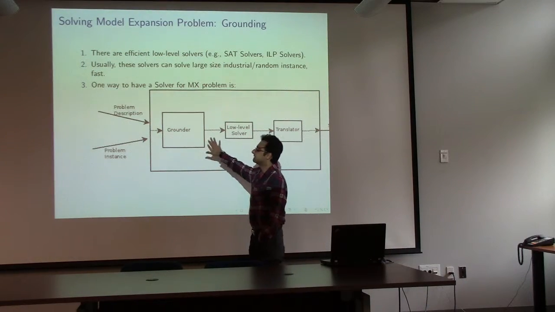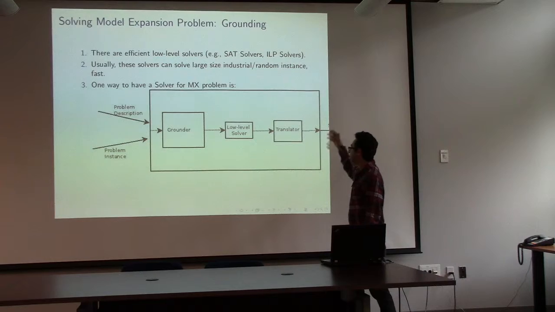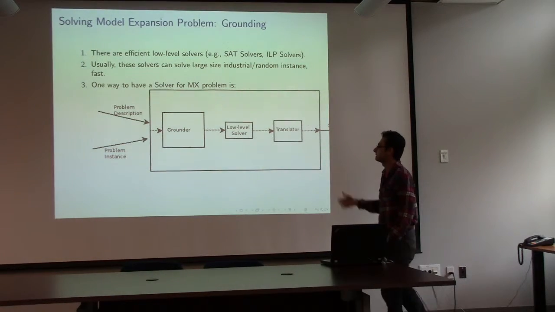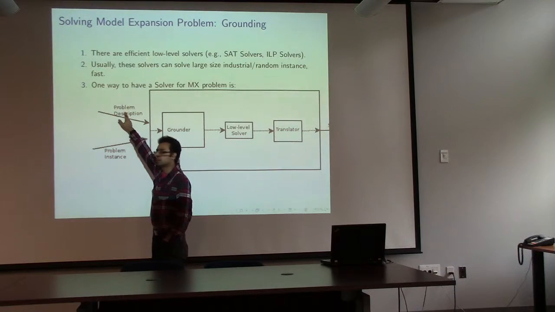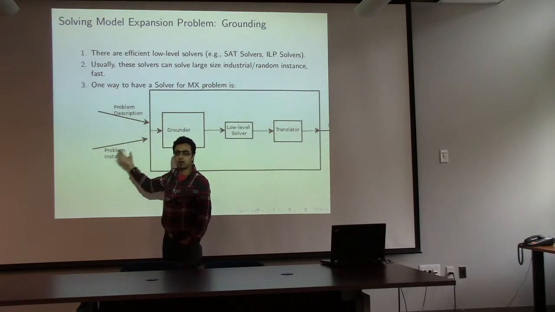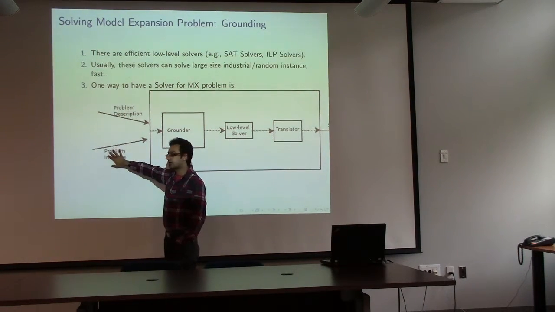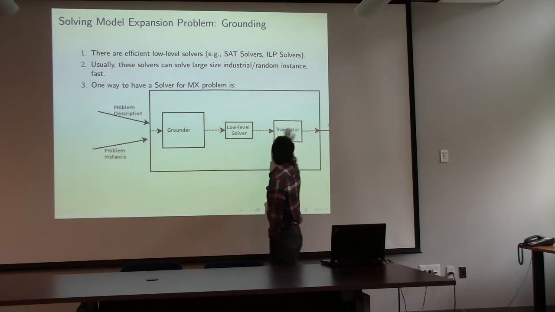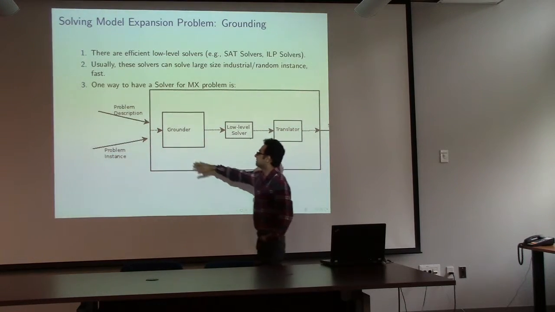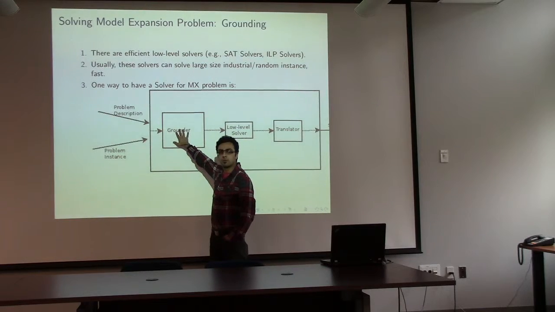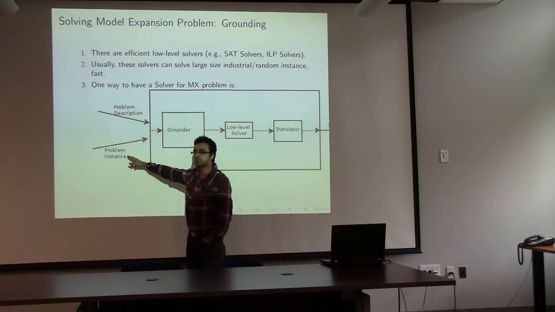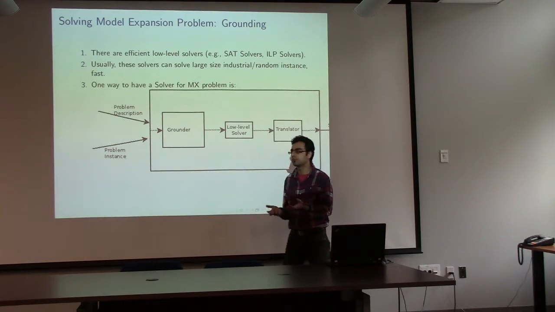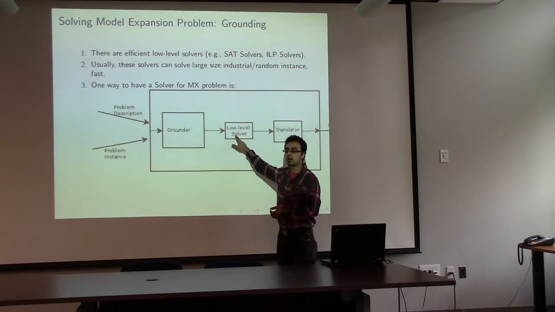If you want to develop a grounding-based solver, you can look at it as a system like this. We pass a problem description, this is our file, and the problem instance, for our graph coloring, this is a graph. The system has three main components. The first is a grounder component. It gets the problem description and the problem instance and generates a CNF, or an input to a low-level solver.